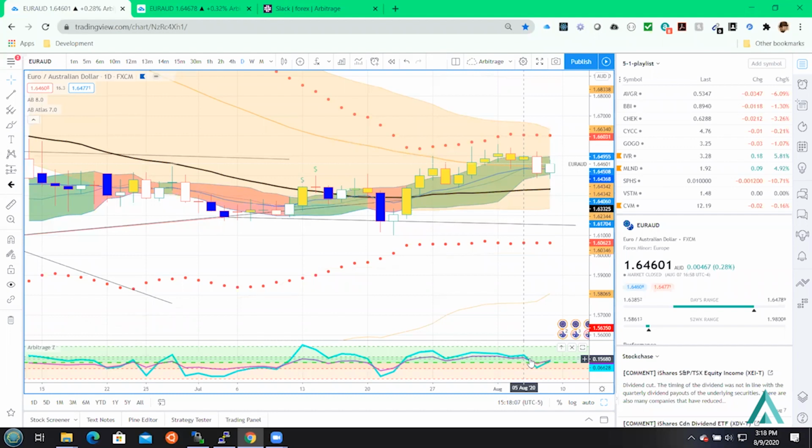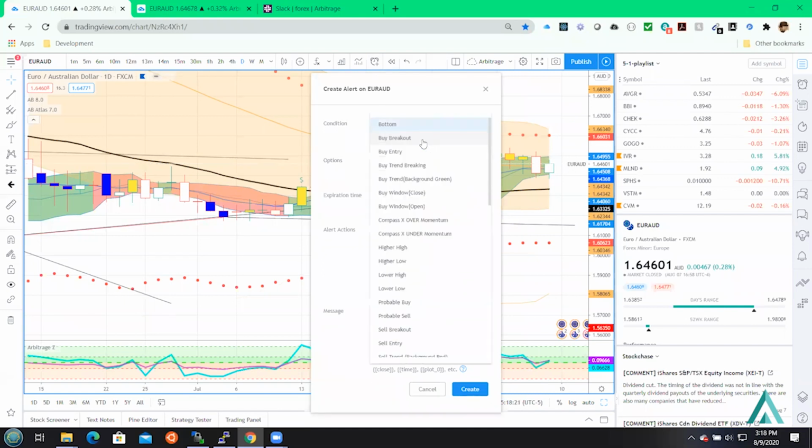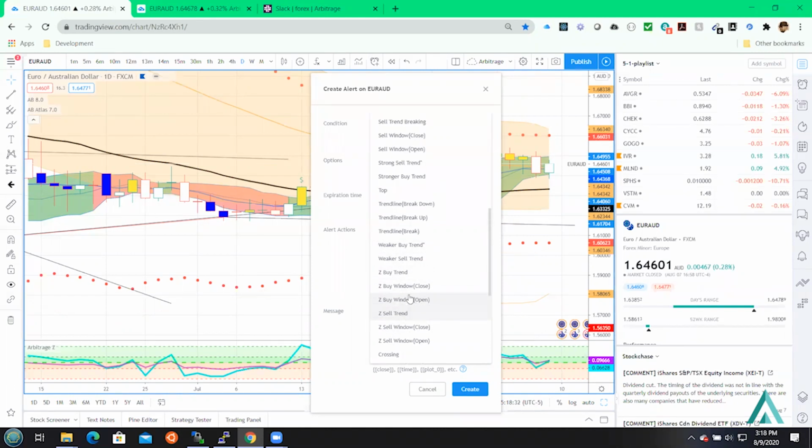And this is just for quick wins. So for example, if you're doing your job, you can set alerts for when this event happens, by the way. Inside of the indicators, inside of Atlas, I made sure I set it where you can say, okay, everything that's going on with Z, tell me when a buy trend starts, if it went green, or tell me when it went red. I need to know. I don't want to be the last to know.